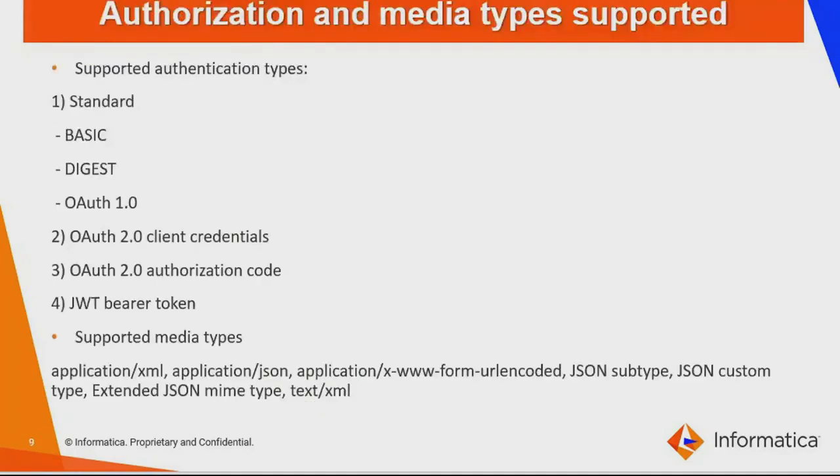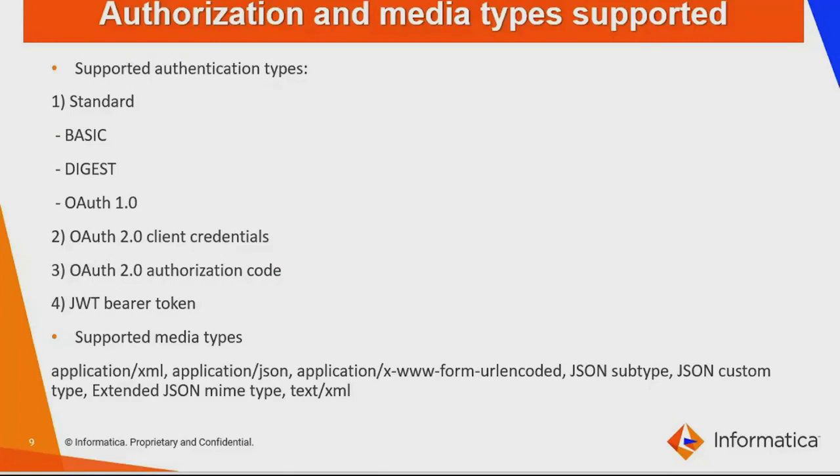Authorization and the media types that are supported by the REST V2 connection. The supported authentication types are standard, OAuth 2.0 client credentials, OAuth 2.0 authorization credentials, and JWT bearer token. Under standard, we again have three types, which are basic, digest, and OAuth 1.0.